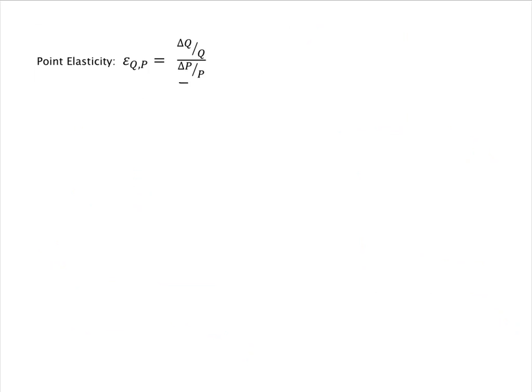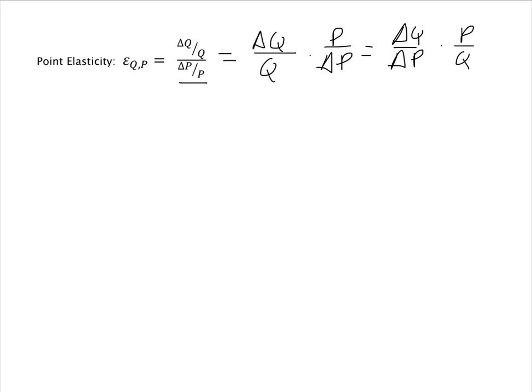Intuitively, we have this expression, which we can rewrite as delta Q over Q times P over delta P, or delta Q over delta P times P over Q. Then use the calculus to obtain the final expression for the point elasticity by multiplying the derivative of Q with respect to P times P over Q. That's the point elasticity.